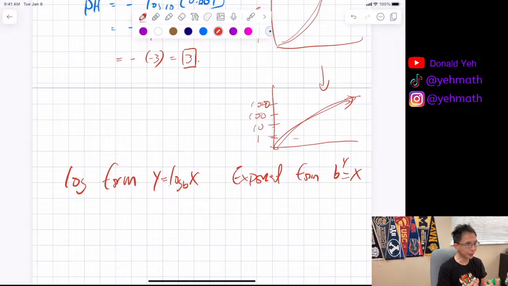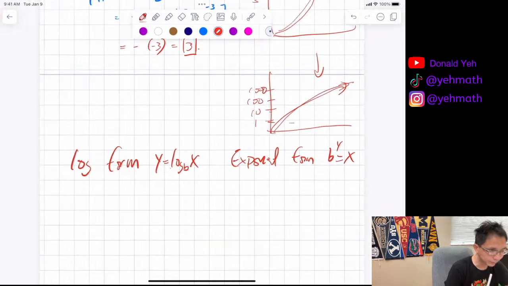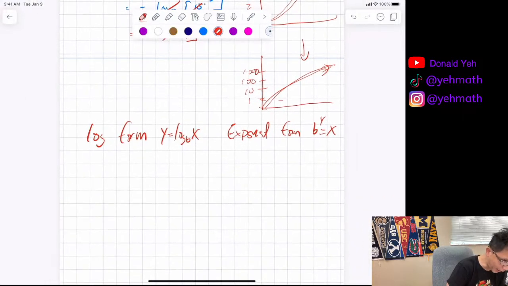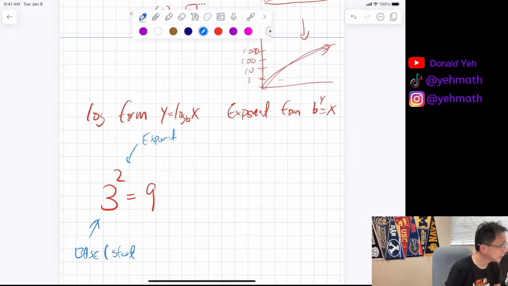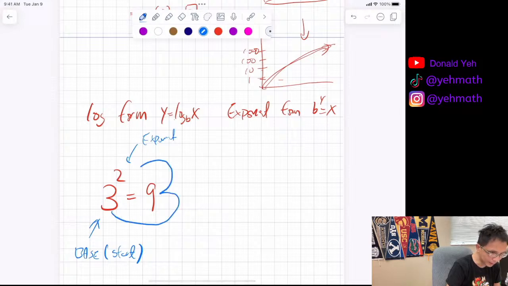I'm going to show you how to convert it. So let's say I have the exponential form, 3 to the second power is equal to what? What's 3 to the second power? 9. Good. So this is the base, this is the exponent. This is where you start. You start from the base and draw a sideways heart.